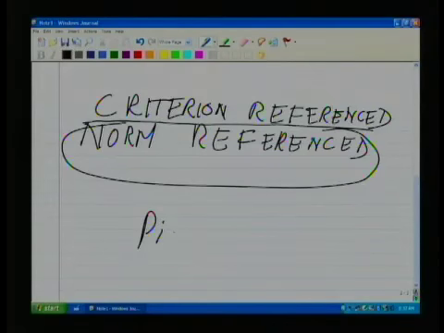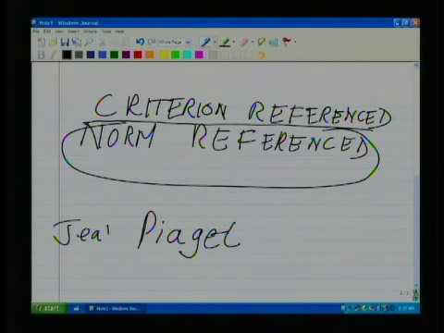And there are two people, or a group of people, who came, who really made this great divide in society. One person who came was a young Swiss biologist named Jean Piaget.